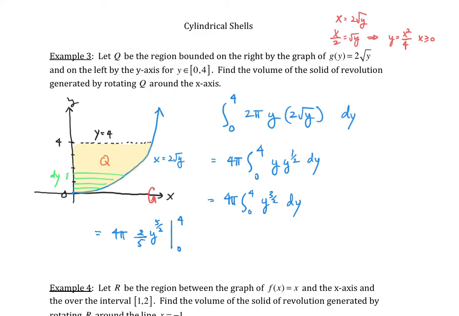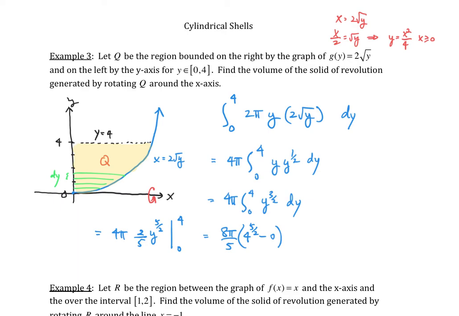Okay. So when I go to evaluate what this is, I can simplify the coefficients. I'm going to get 8 pi over 5. And then I'm going to get 4 to the 5/2 minus 0. When you want to evaluate this, I would do the square root part first and then raise it to the 5th power.